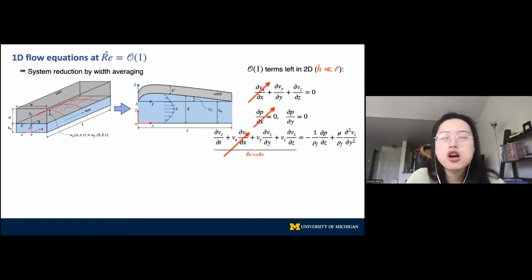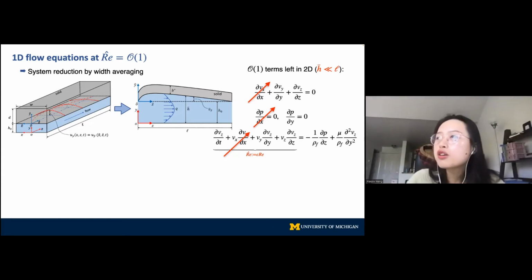Therefore, lubrication approximation still applies. That is to say, the leading order terms left in your 2D Navier-Stokes equations are just the original 3D version getting rid of the X-dependent terms.